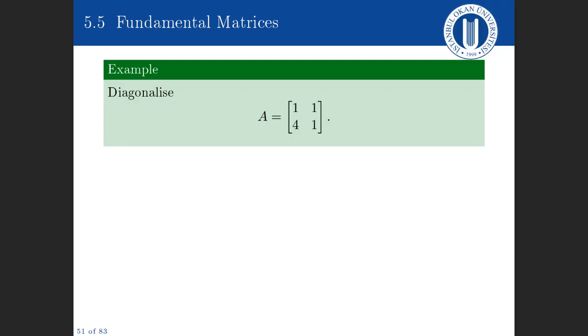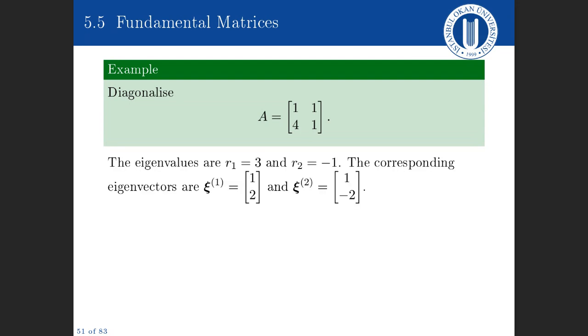For example, diagonalize the matrix 1, 1, 4, 1. We need the eigenvalues and the eigenvectors. Here they are. We take our eigenvectors and we use them to write the matrix capital T. T is 1, 1, 2, minus 2. First column, first eigenvector, second column, second eigenvector.